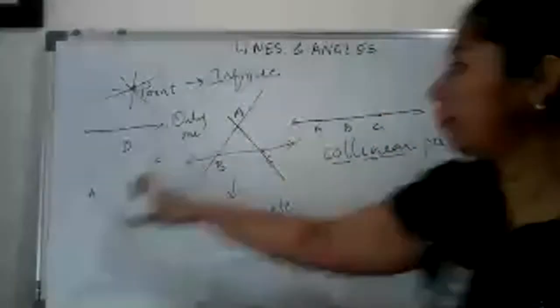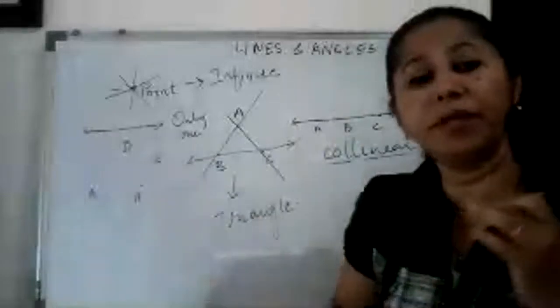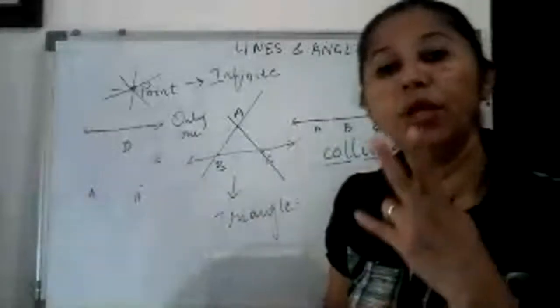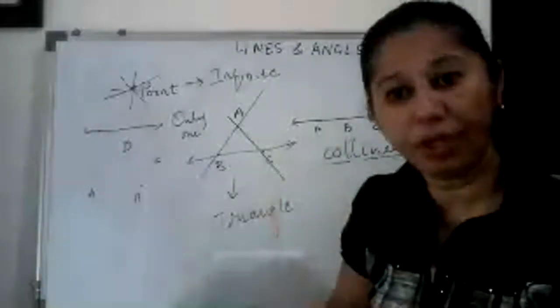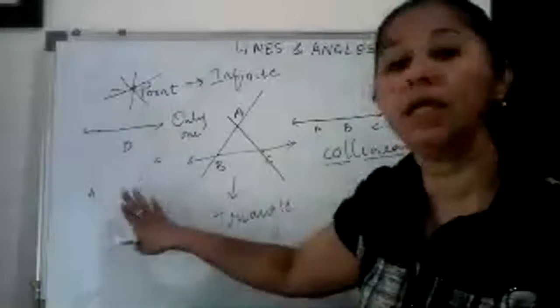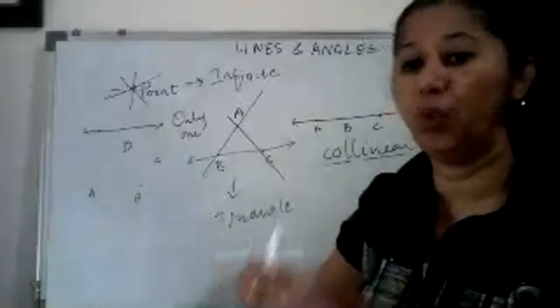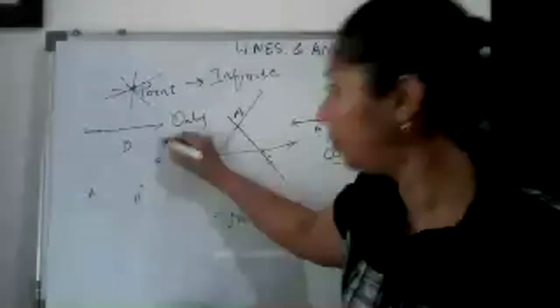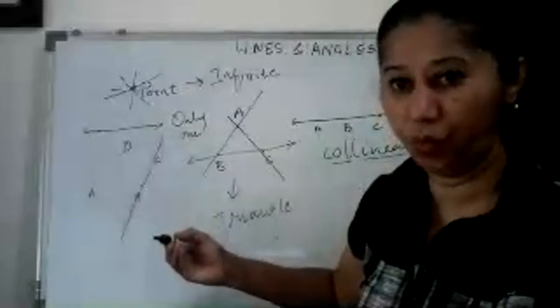Moving on with 4 points: if you take 4 points or many more, all non-collinear, they cannot all pass through one line. You can draw a maximum of 2 points passing through one line.